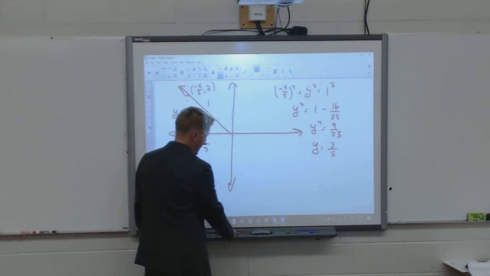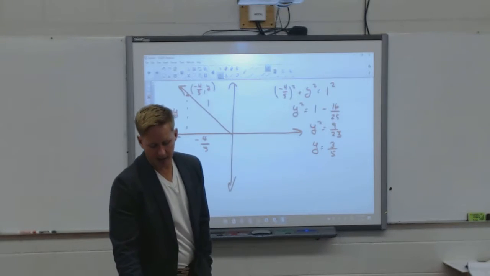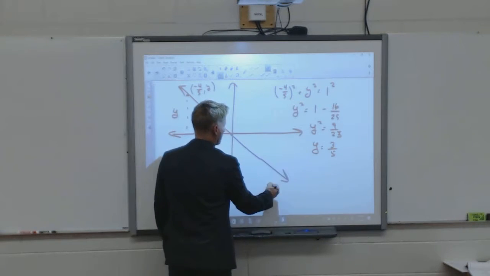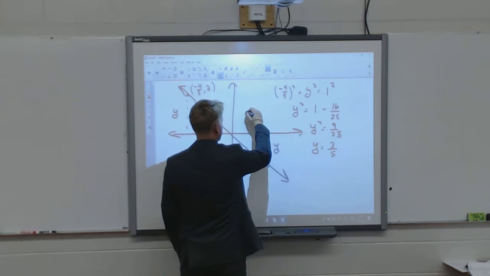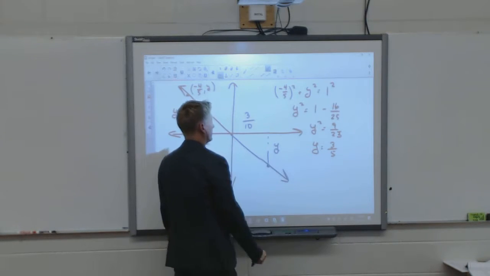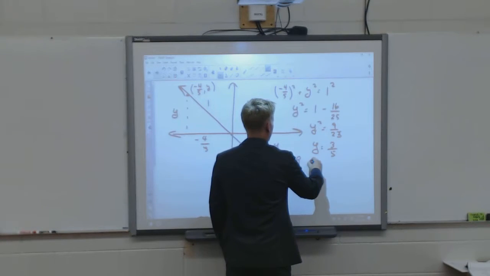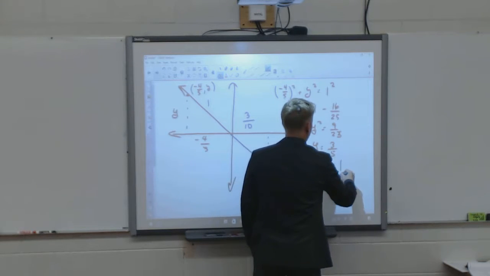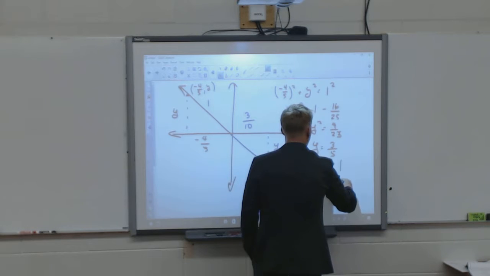Okay, the second one says the next coordinate is 3/10 and y in quadrant 4. So I draw it in quadrant 4. Okay? Don't know what y is. This coordinate is 3/10, and do the same thing. So I have (3/10) squared, 9/100, plus y squared is equal to 1. y squared is equal to 91/100.